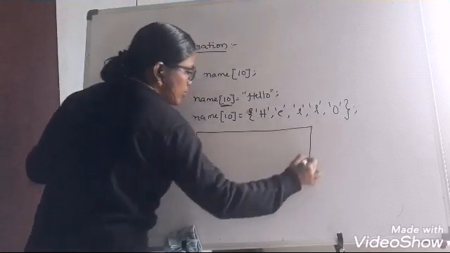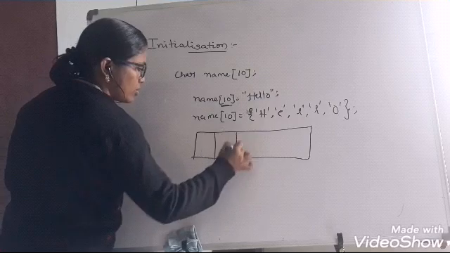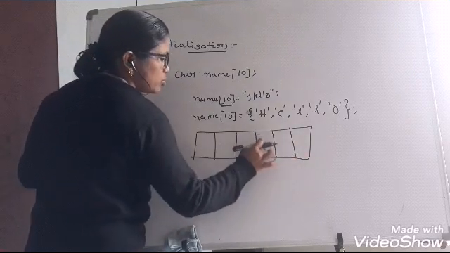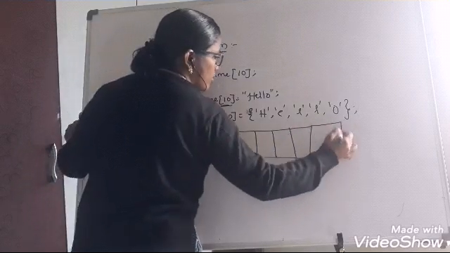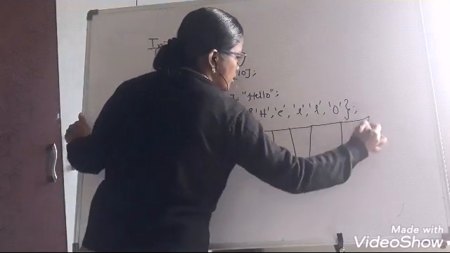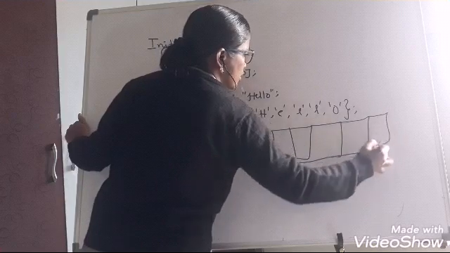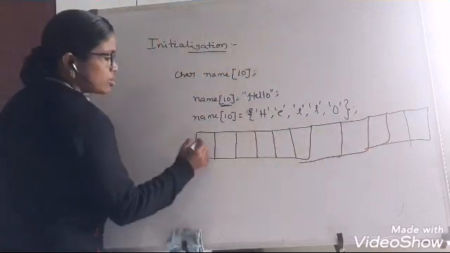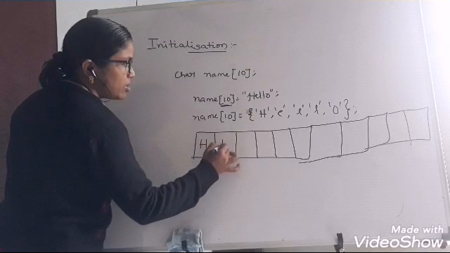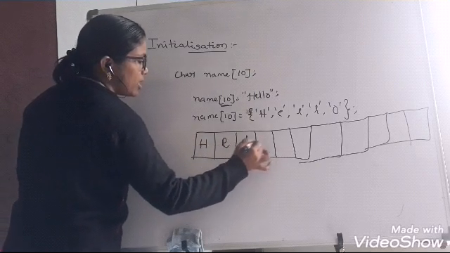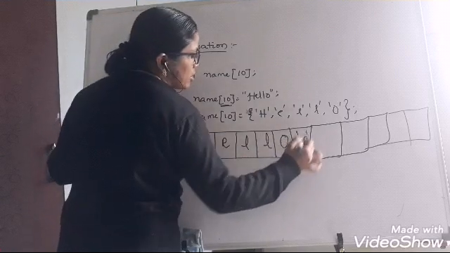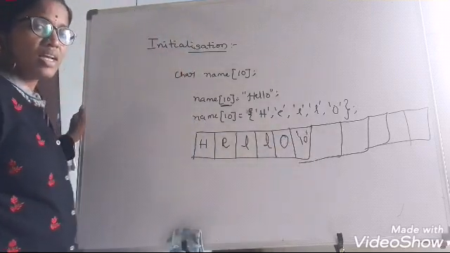So my string will look like this: 0, 1, 2, 3, 4, 5, 6, 7, 8, 9, 10 actually. So here the first characters will be H, E, L, L, O, and the final character is initialized as the null character.